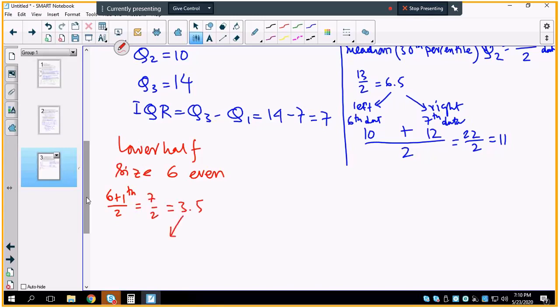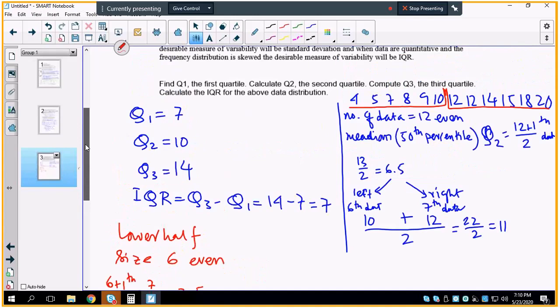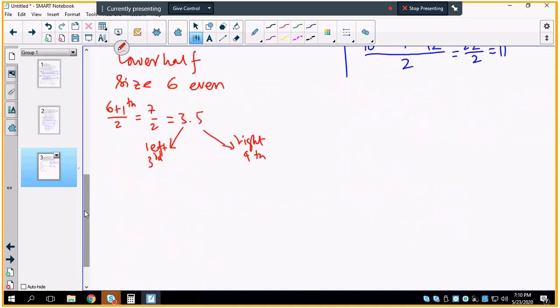So on the left, you have the third position, on the right, you have the fourth position. The third data of the distribution is 7. The fourth data of the distribution is 8. So I do 7 plus 8 over 2 as quartile 1, the median. So this is the 25th percentile. This is 15 over 2 and that's 7.5.